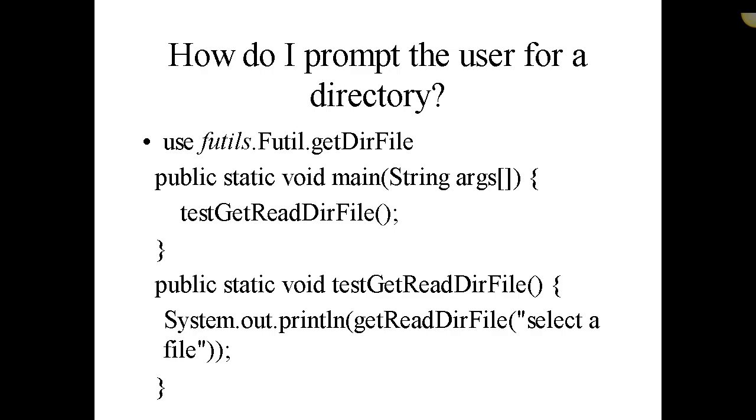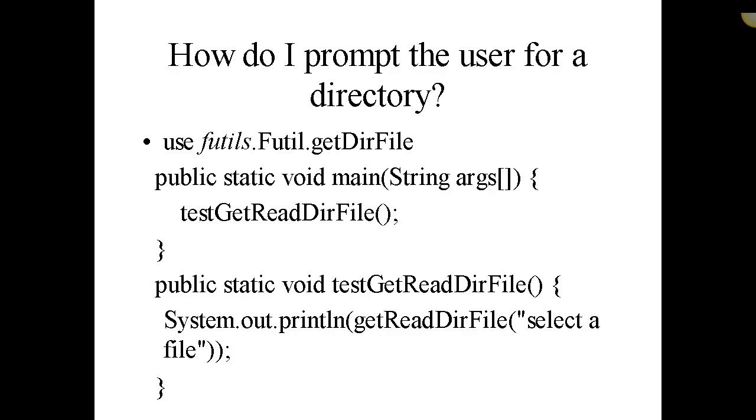In the API that I've developed, I have a package that I've written myself called Futils, and in that package I have a class called Futil, and in that class I have a static method called getDirFile, which gets a directory file instance that enables you to proceed to read files.